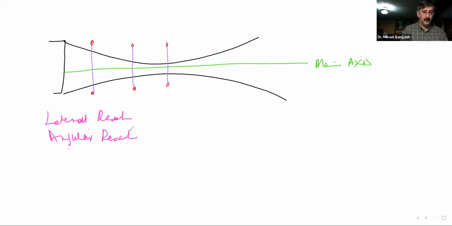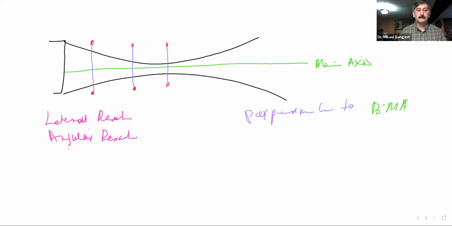Now, since we said that they are perpendicular to the beam's main axis, what is going to be the relation between the structures and your beam's main axis?